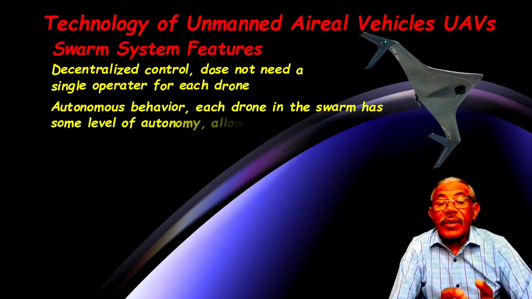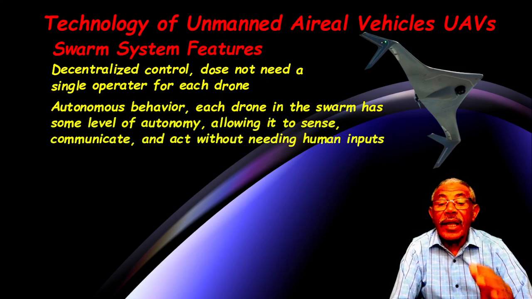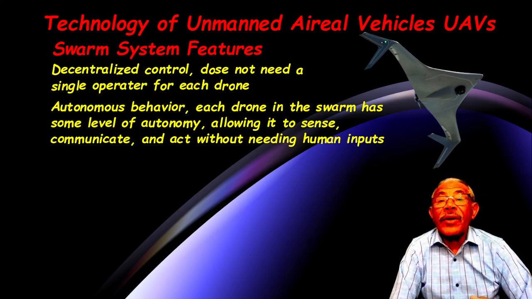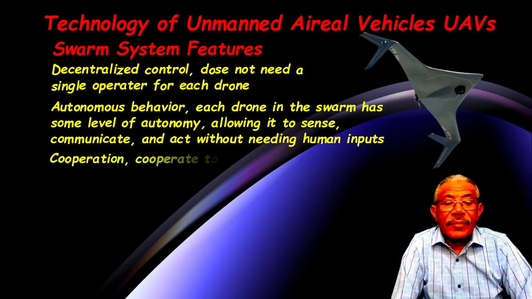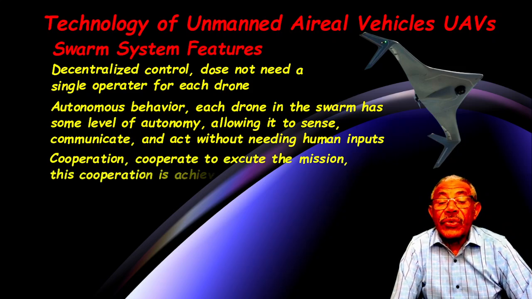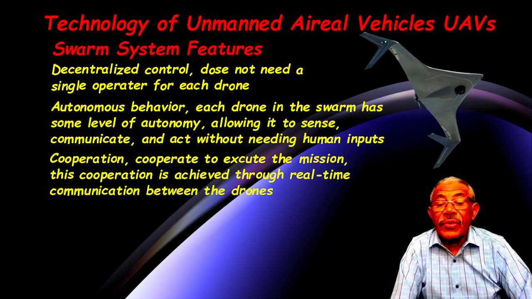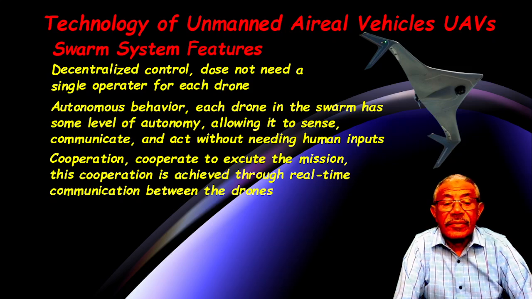Each drone in the swarm has some level of autonomy, allowing it to sense, communicate, and act without needing human inputs. They cooperate to execute the mission. This cooperation is achieved through real-time communication between the drones.